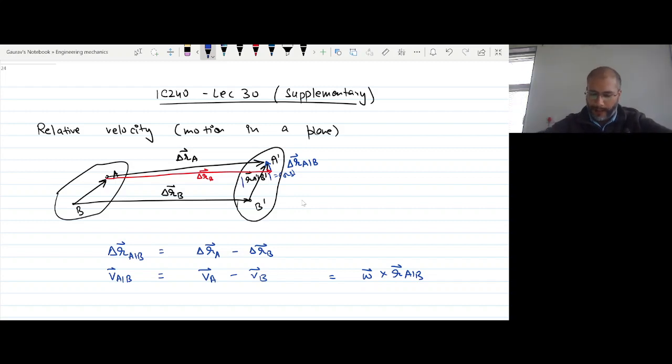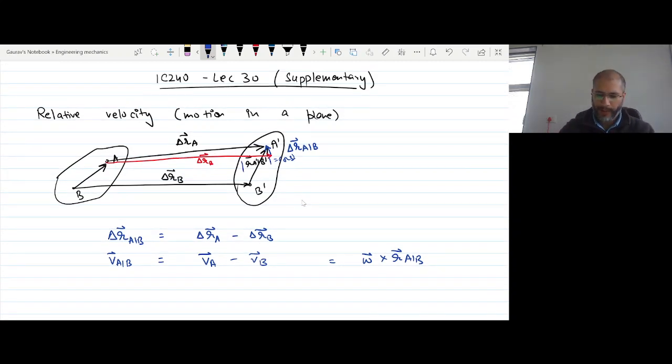And if we take the motion sitting on A prime, then again omega is still the same, because omega is a property of how much rotation the body is experiencing, and R B with respect to A is simply minus R A with respect to B. So we can write V B with respect to A is simply omega cross R B with respect to A, that is minus of VA with respect to B, that is expected.